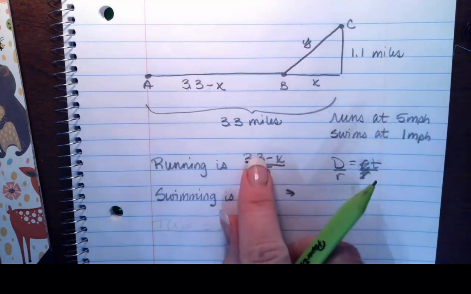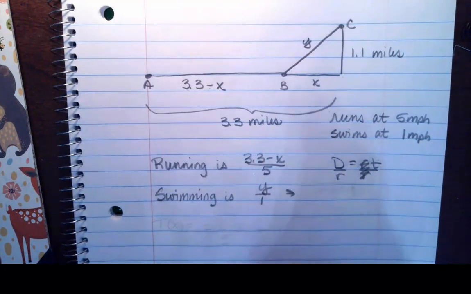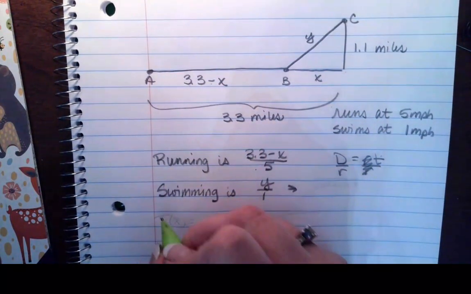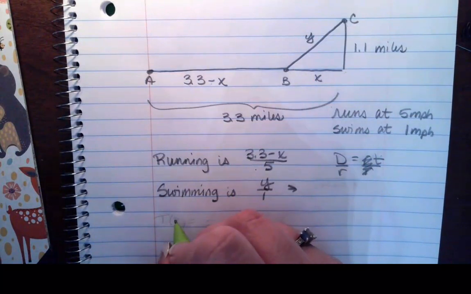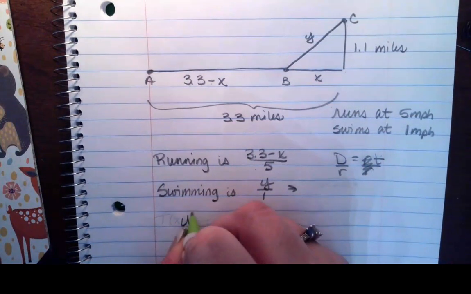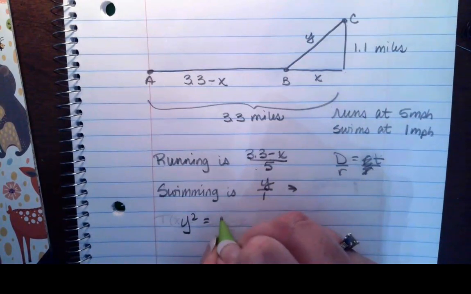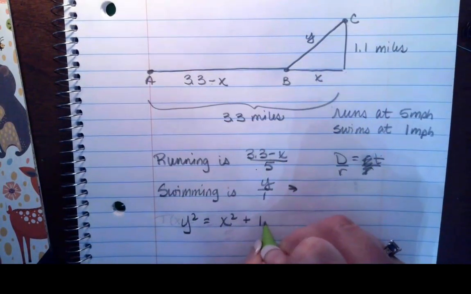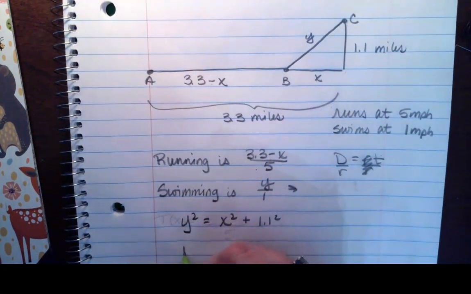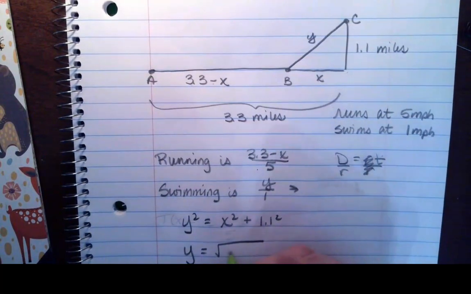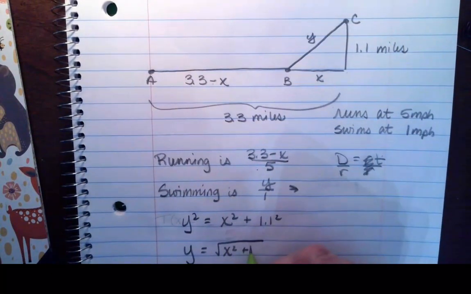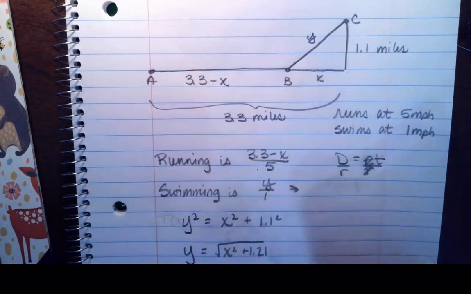So this is running as a function of x. This is swimming as a function of x, not yet. So we need to use the Pythagorean theorem. So what we have is y squared equals x squared plus 1.1 squared, which gives me y equals the square root of x squared plus 1.21.